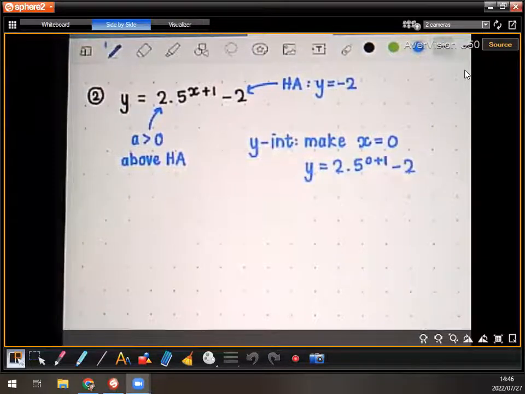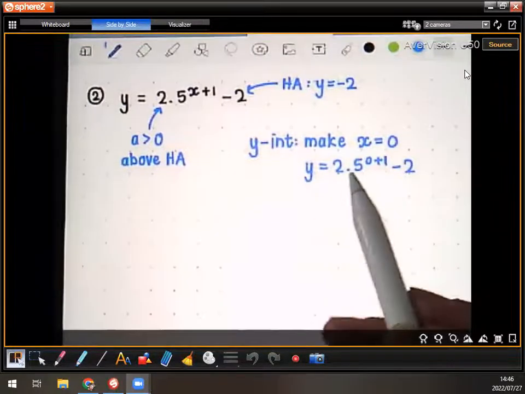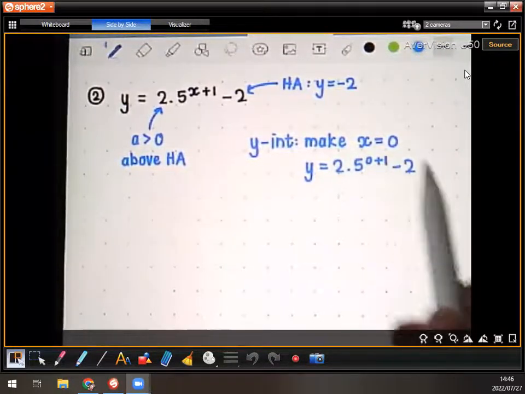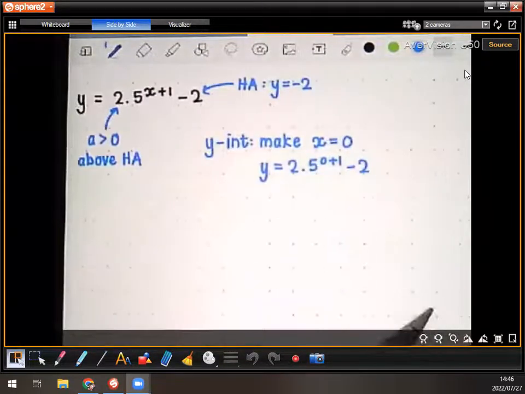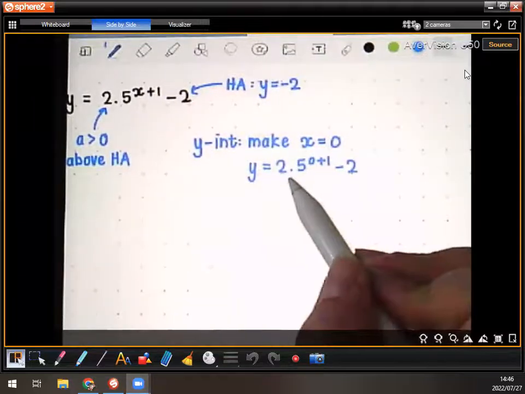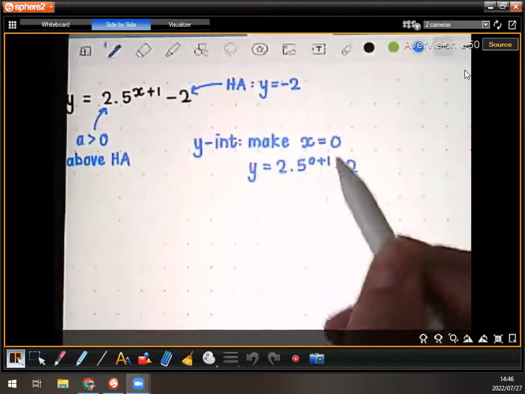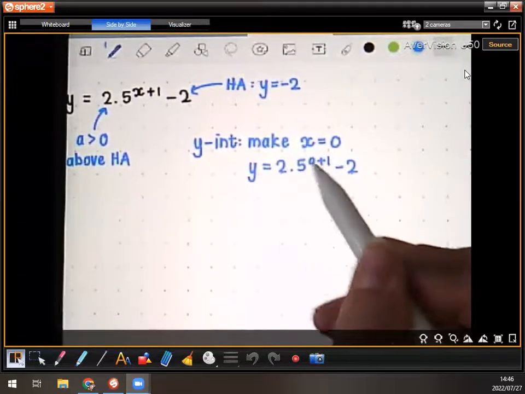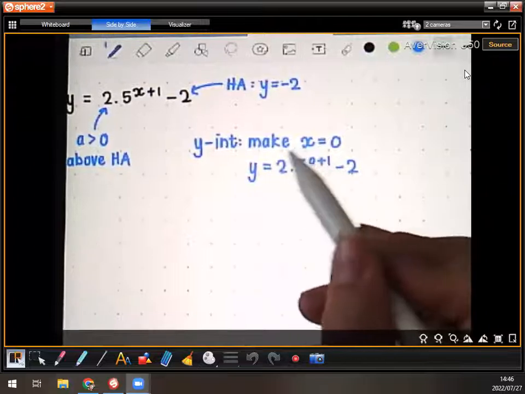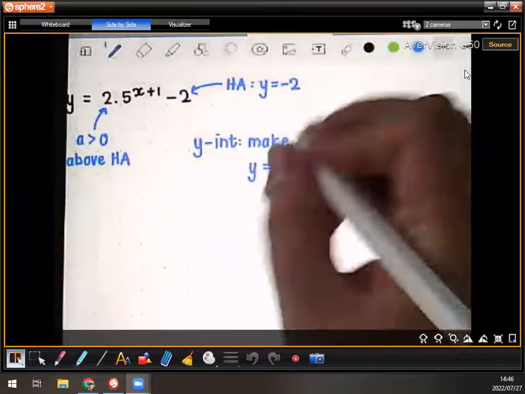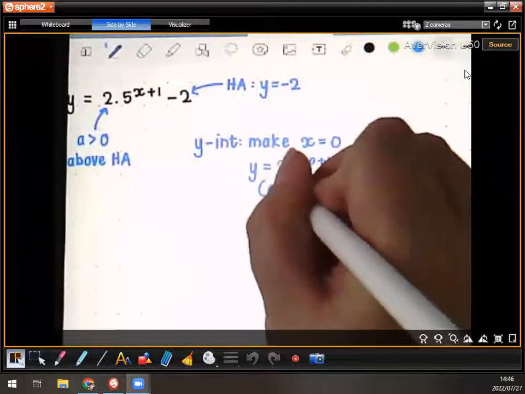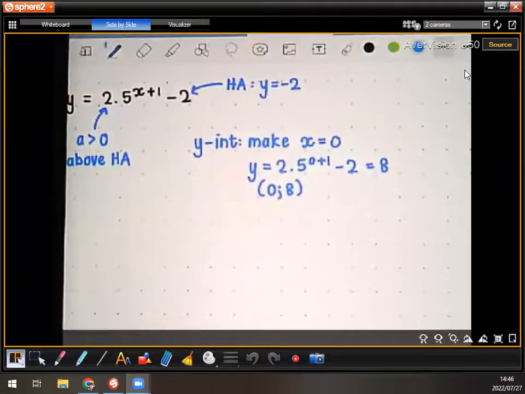You can type that into the calculator, you don't even have to write this calculation down, but for the examples, let's write it down so that you know what you're doing. So this is 2 times 5 to the 0 plus 1, and 0 plus 1 is just 1, so this is 5. 2 times 5 is 10 minus 2 is 8. So we're going to have a y-intercept at (0; 8).